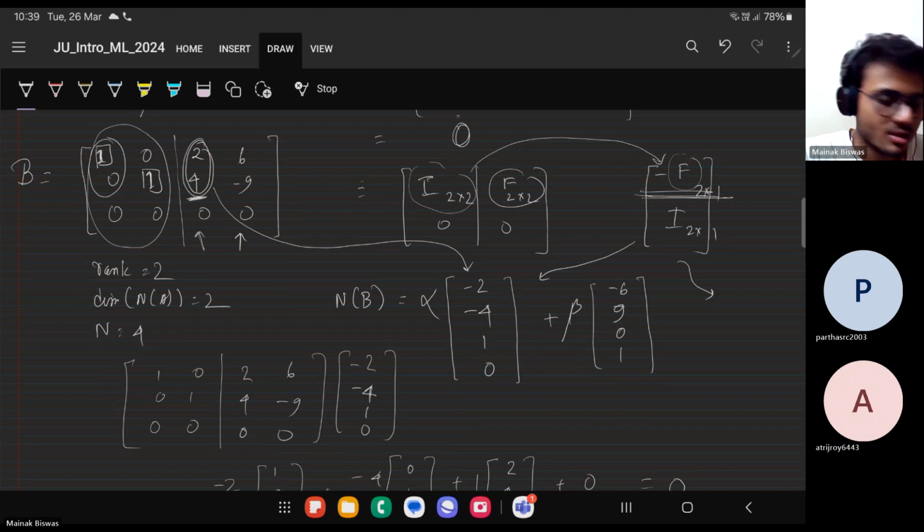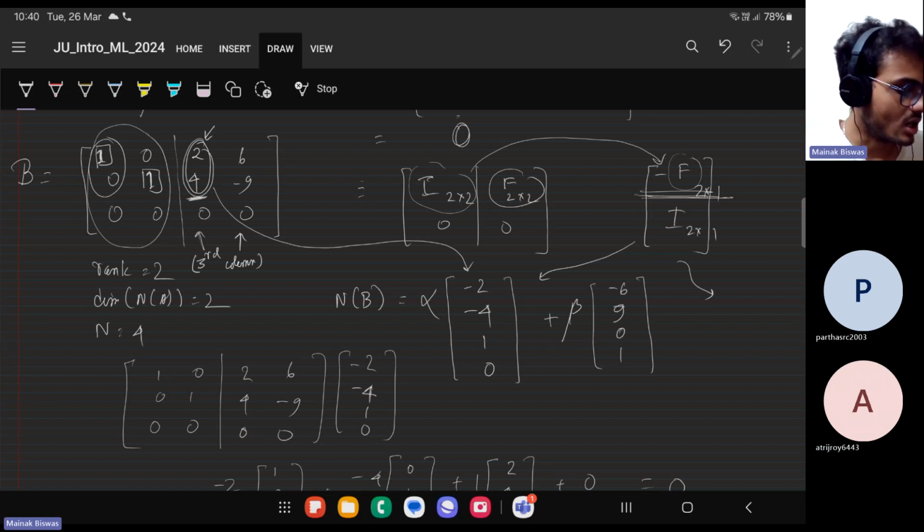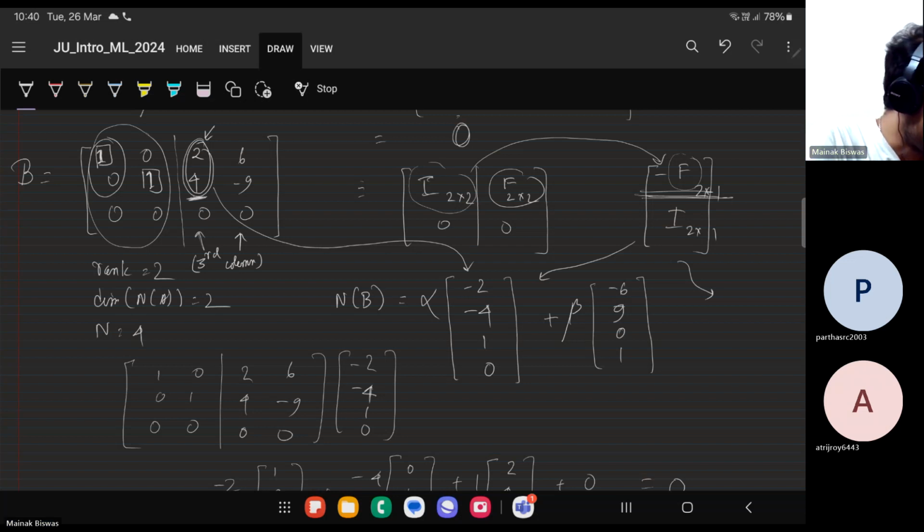I'm taking the third column, so in this third column I also have to take the 1 in the third column.